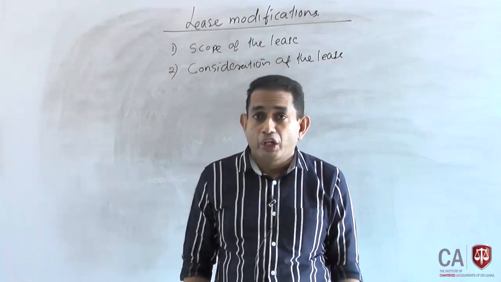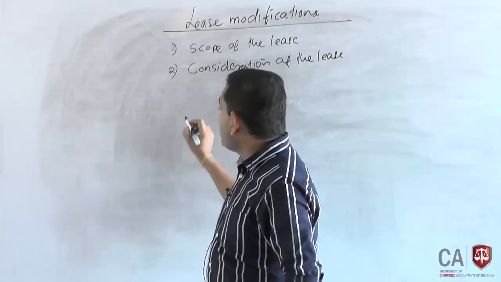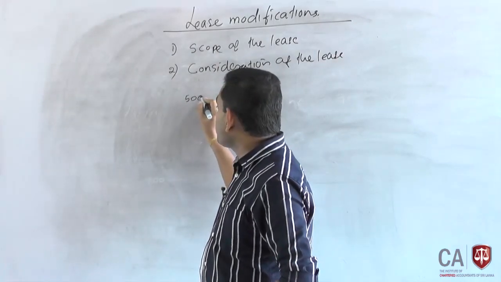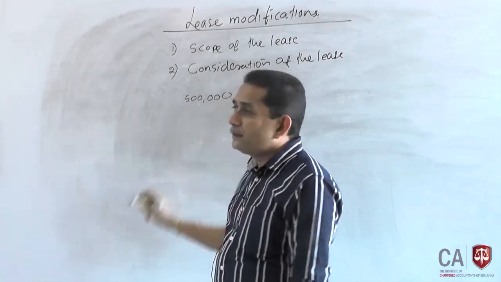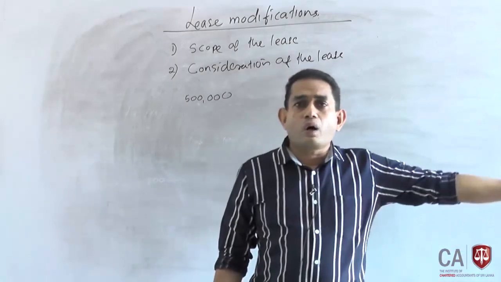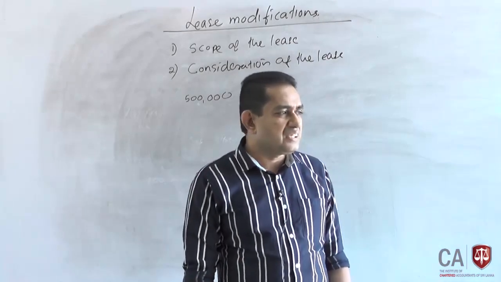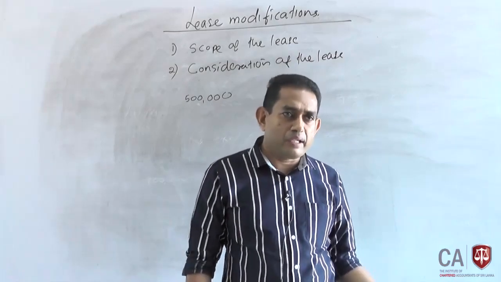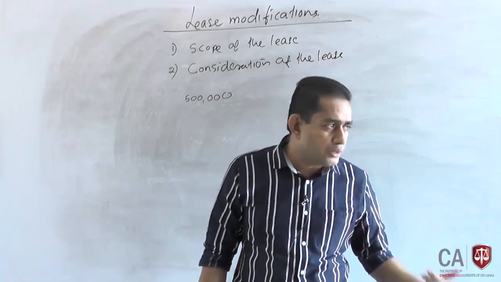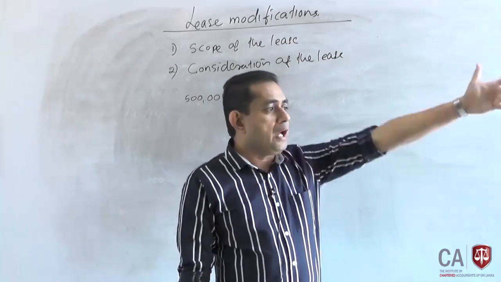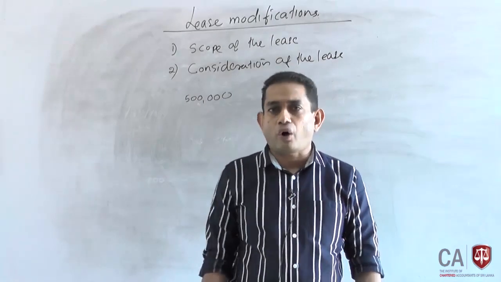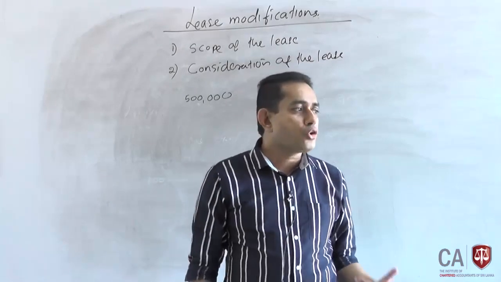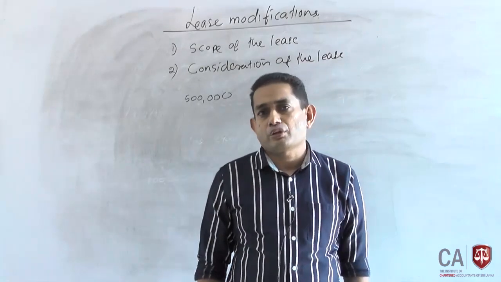Here what happens is, you once and for all decide to charge 500,000 rupees rental a year, and later on there can be changes in considerations, not because of a price index, not because of an interest rate in the market, not because of the usage, and there will be changes in the considerations. All these together are called what? Modifications of lease.